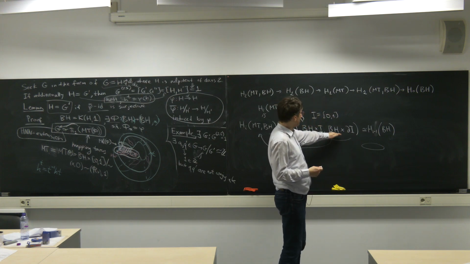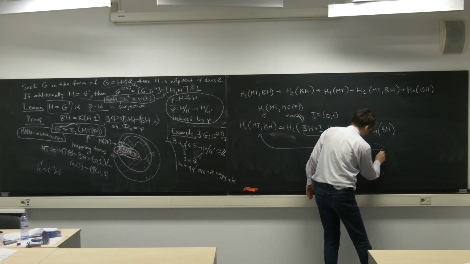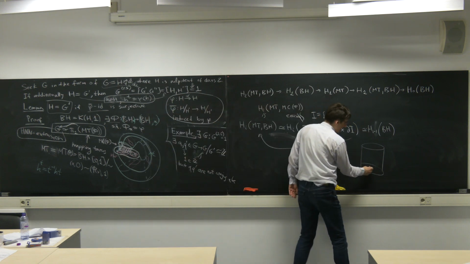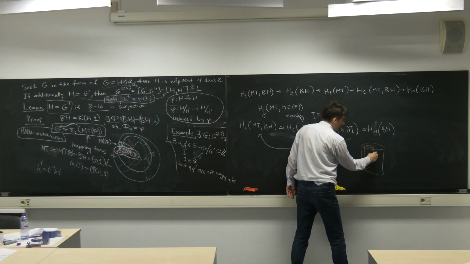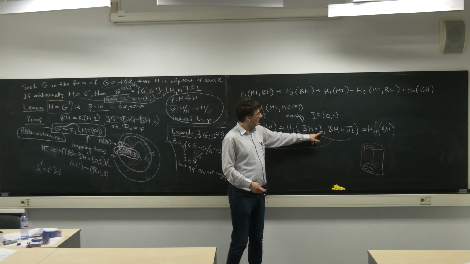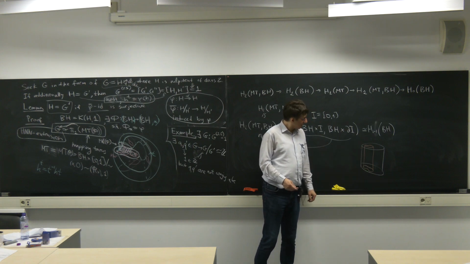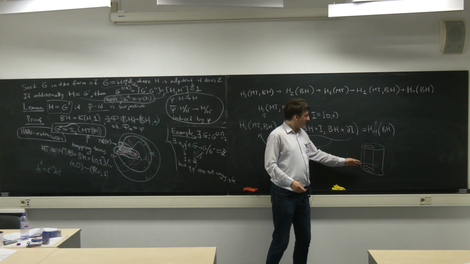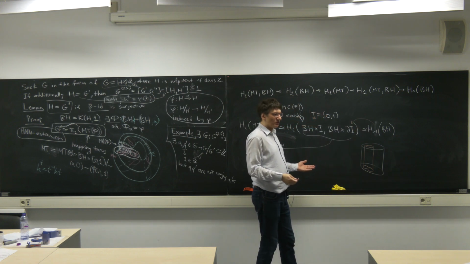This is essentially a suspension over BH, or geometrically, if you have some cycle in the bottom, you can multiply it by I, and you get a relative cycle in BH cross I, modulo BH cross top and bottom. So this gives you a map from here to here, and it's easy to see that it is an isomorphism.